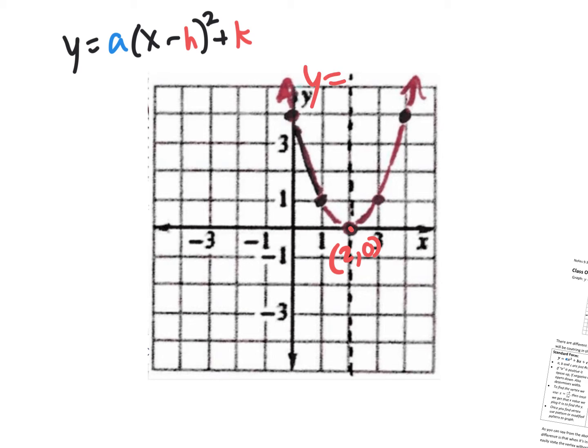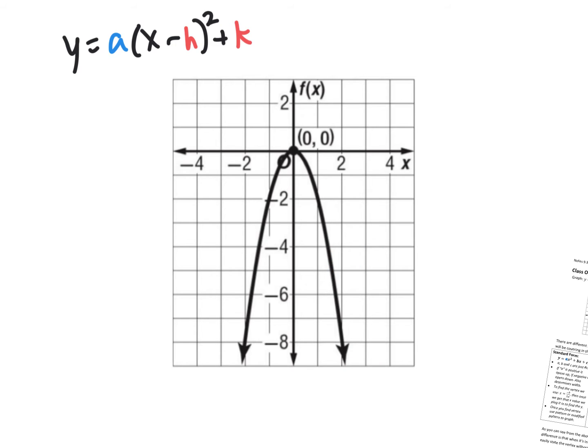It's going to be y equals parentheses x minus 2 squared plus k, plus 0. You don't even need to write the plus 0. There's your answer: y equals parentheses x minus 2, close parentheses to the second power. Okay? I hope we get that. Let's try another.